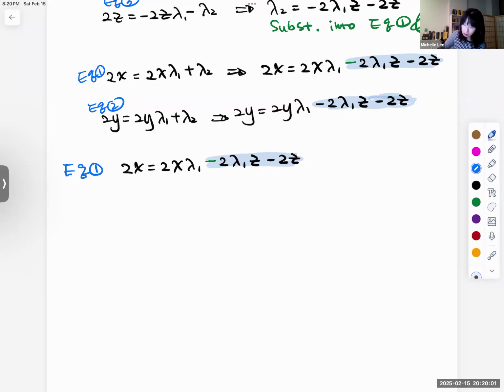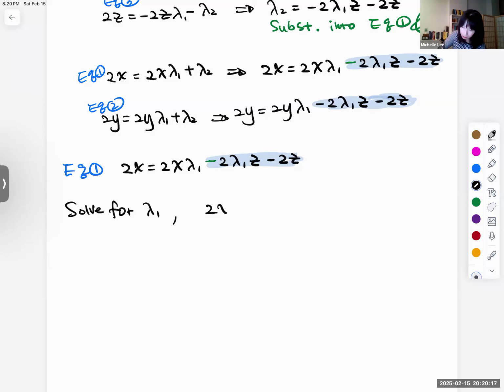Solve for lambda 1. The lambda term goes on the right side and the others on the left side, right?